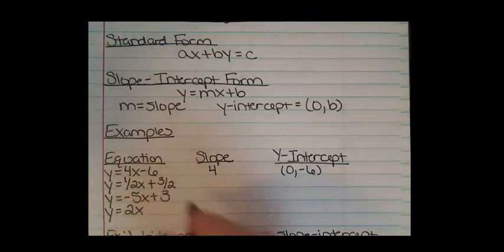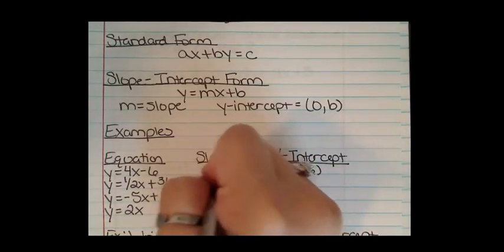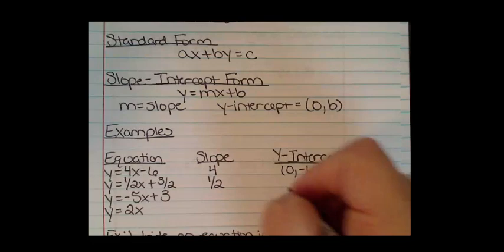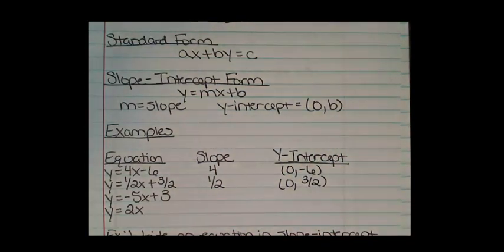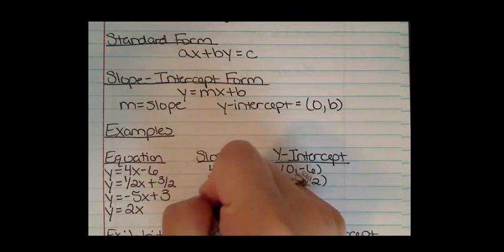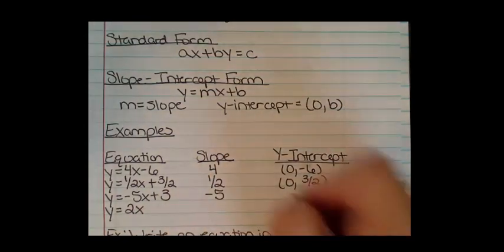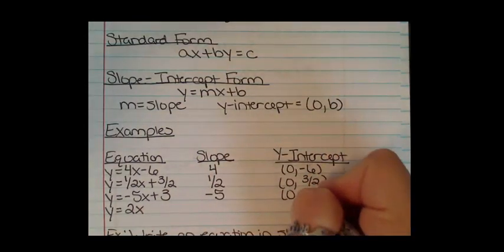My slope would be 1/2, and my y-intercept would be (0, 3/2). Next, y equals negative 5x plus 3. My slope would be negative 5, and my y-intercept would be (0, 3).